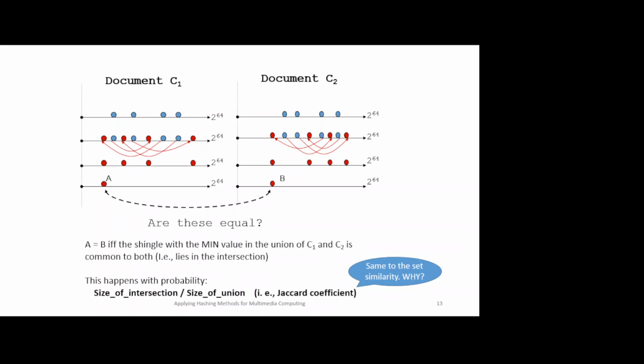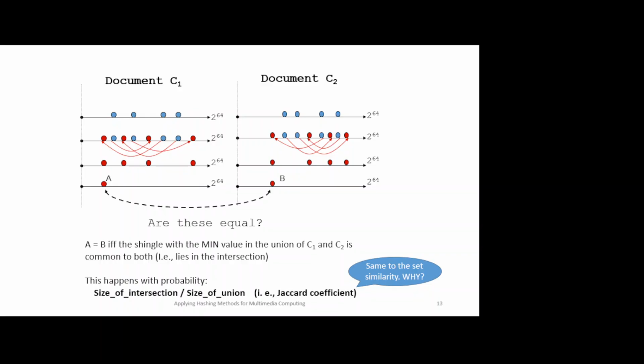For document 1, the C1 document, we use the min hash technique to generate this min hash value. For the second document, we can repeat the same process. It also contains 4 shingles, and for each shingle we do the random permutation and also pick the minimum one as the min hash value.